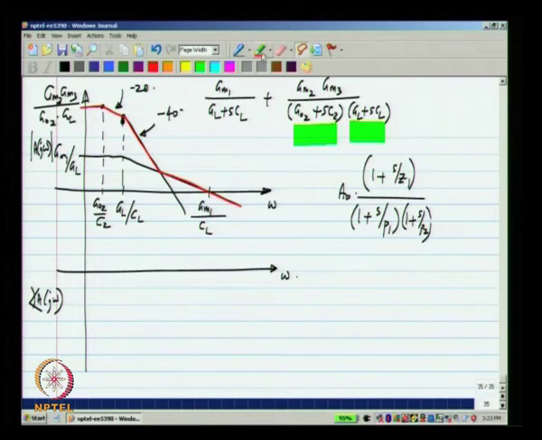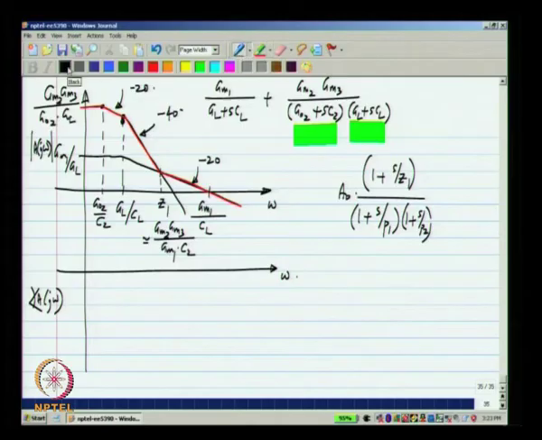By the way, it is also very easy to see where the 0 is in this plot, in the magnitude plot. We know that we expect a 0. Now, you see that the slope changed from minus 40 back to minus 20. This part of the curve has minus 20, right. So, the 0 is at that particular frequency. We calculated the value of the 0, it was Gm2 Gm3 by Gm1 times C2 approximately, and that is where it is going to be.